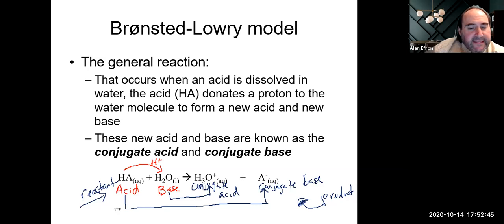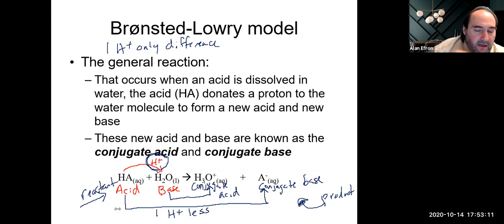Now, they are related to each other by a really important difference, and that difference is this guy right here. That difference is 1 H plus, and 1 H plus only can be the difference. So when we go from the acid to the conjugate base, it is 1 H plus less. When we go from the base to the conjugate acid, it is 1 H plus more.